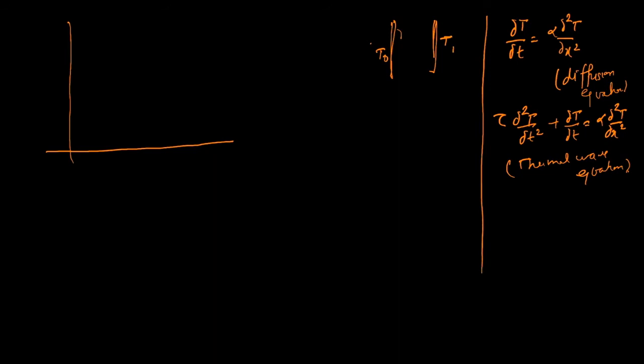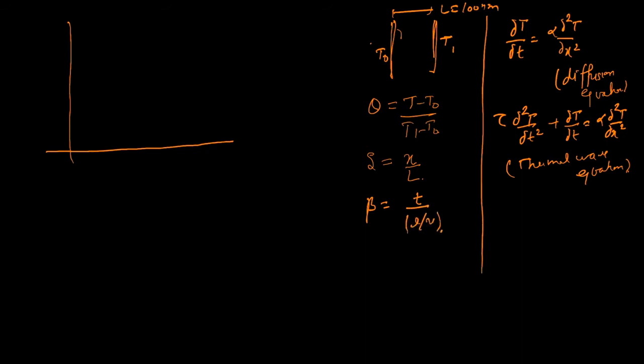Let's take a normalized variable theta equal to T minus T0 over T1 minus T0, and the length is L, which we are taking to be roughly 100 nanometers. We could define another non-dimensional variable, x over L. And we could also define time as a non-dimensional variable, beta equal to time divided by L over V.